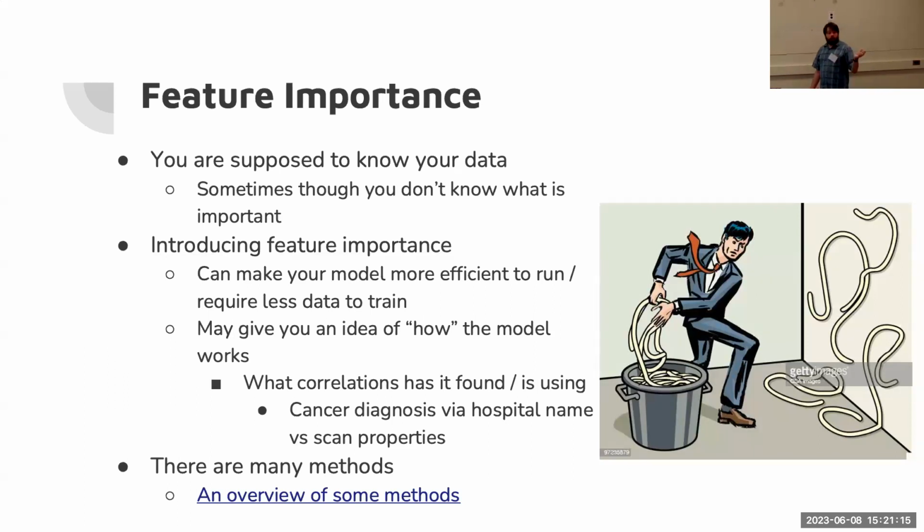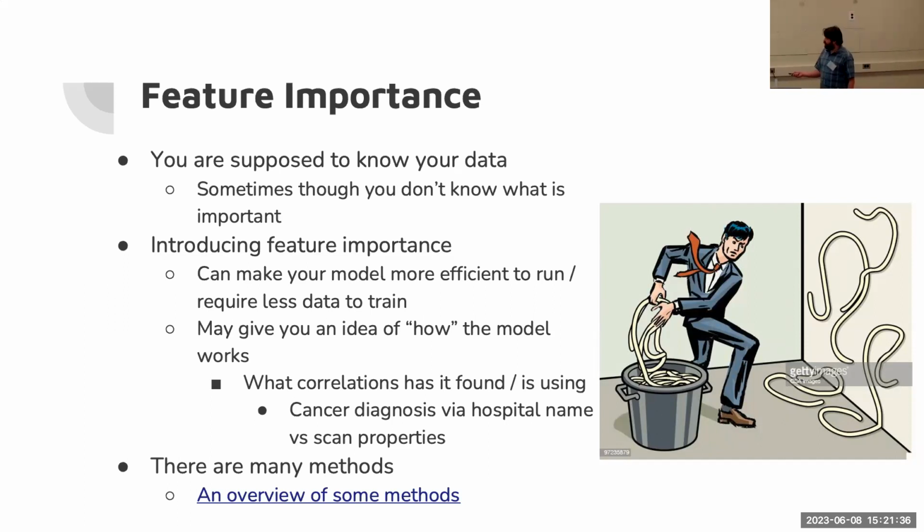So if you didn't know anything about the human body or cancer, you could guess that somebody who had a scan at this clinic was likely to have cancer, because the only reason they went to that clinic is because they probably had cancer. So when you take that information away, suddenly it becomes a much harder problem.